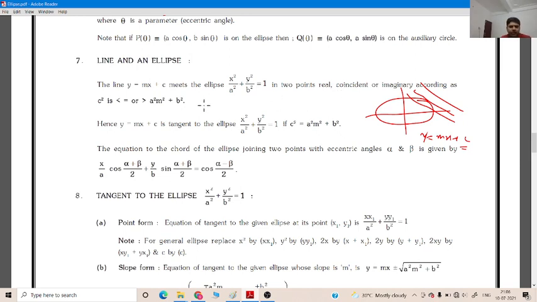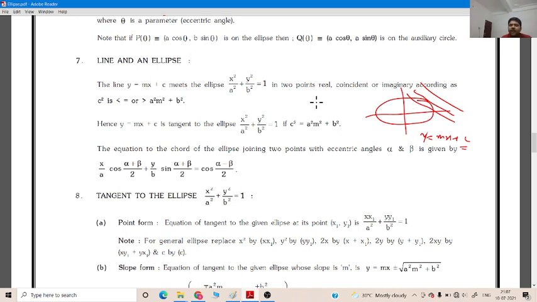How can you find it? Put y equal to mx plus c in the equation of the ellipse, and you have a quadratic expression. If both the roots are real, the given line intersects at 2 points.